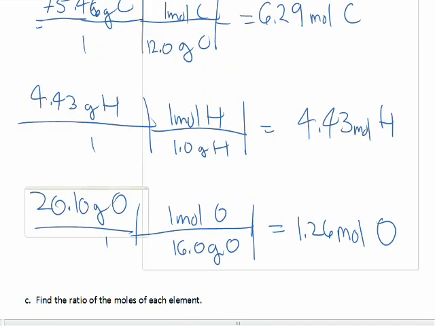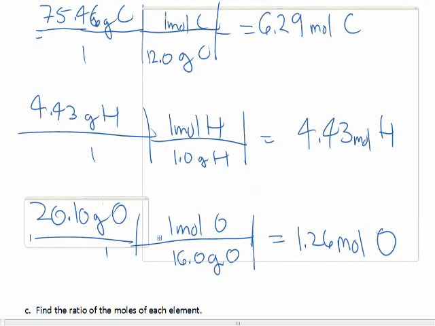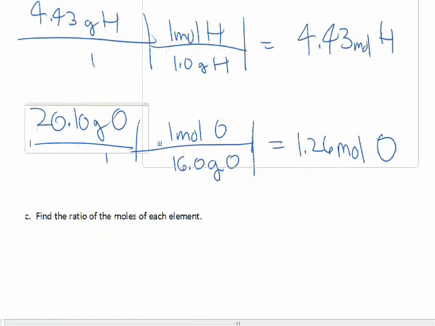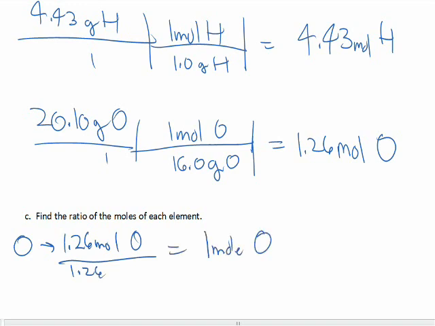Now we have to find the ratio of moles of each element. Remember, we have to divide each of these moles by the smallest number of moles to get a whole number ratio. So for oxygen, that's the smallest, 1.26 moles. We divide it by 1.26, which of course equals 1 mole of oxygen.